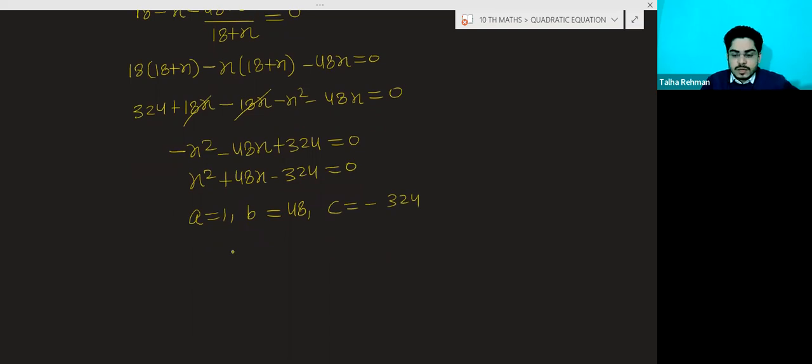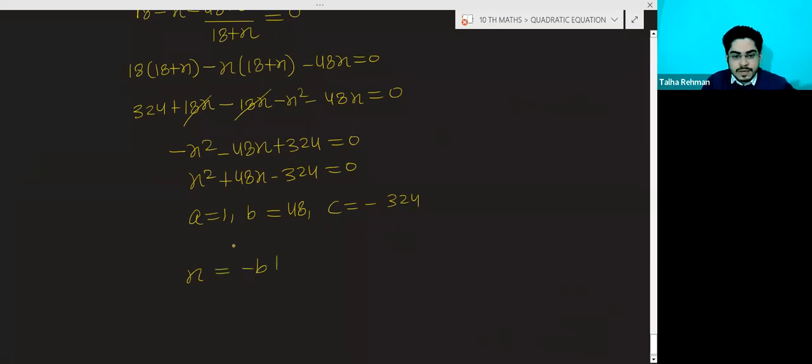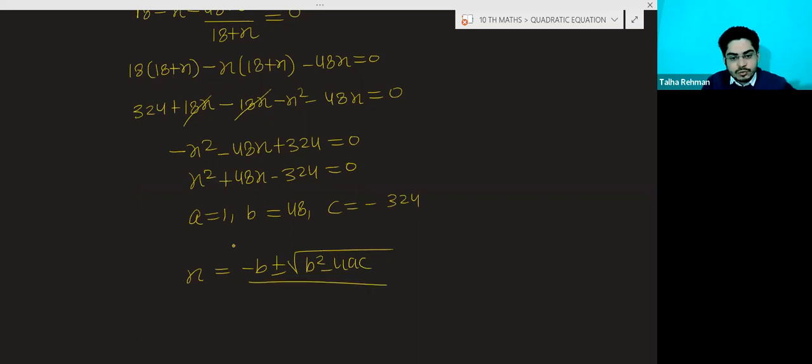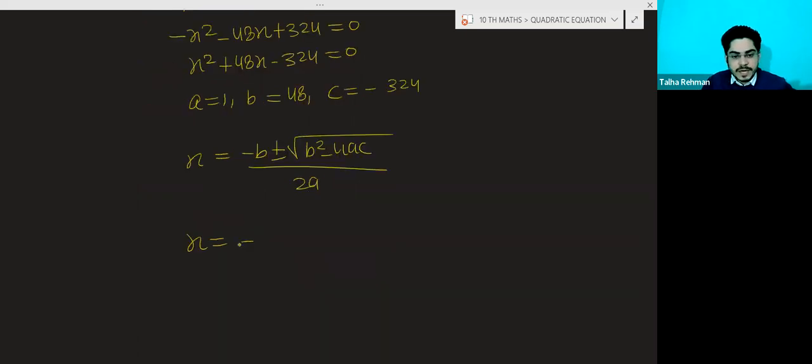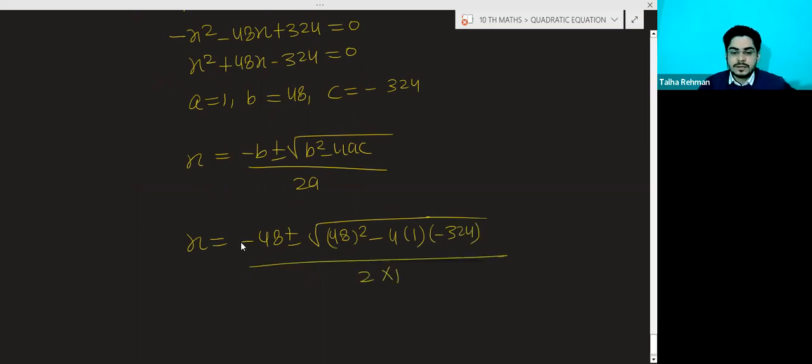So we can find x is equal to minus b plus minus under root b square minus 4ac divided by 2a. So x is equal to minus 48 plus minus under root of 48 square minus 4 into 1 into minus 324, divided by 2 into a.